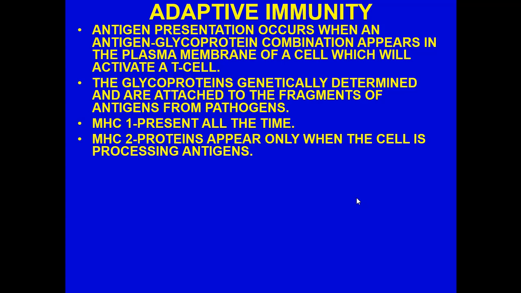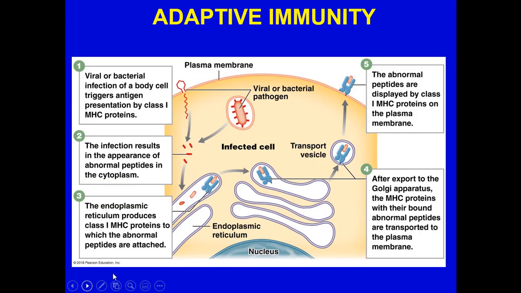MHC1 will present all the time. But with MHC2, the proteins appear only when the cell is processing the antigens. To make this somewhat straightforward and simple, don't get overwhelmed, you'll get it. A pathogen, viral or bacterial, triggers antigen presentation by class 1 MHC proteins. The infection results in the appearance of abnormal peptides in the cytoplasm.